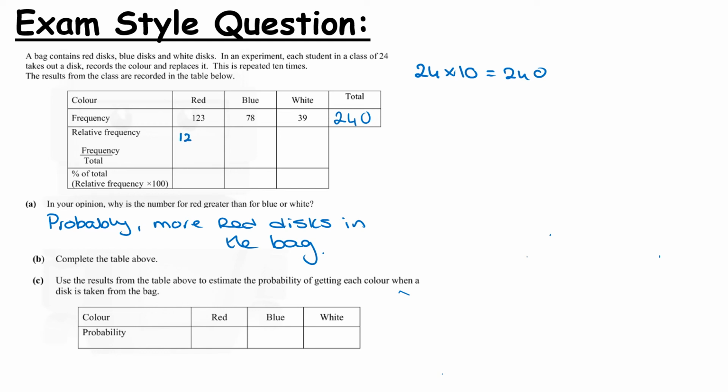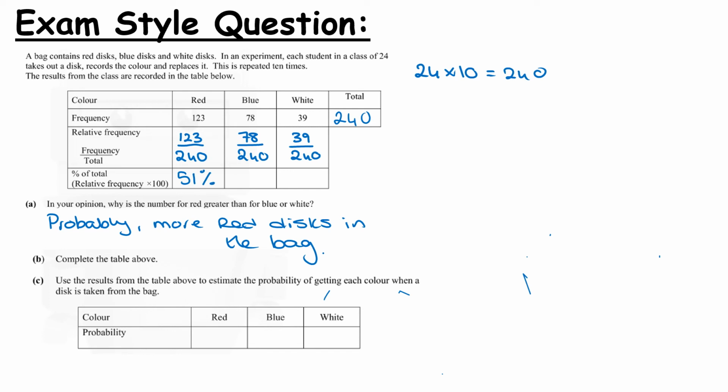So the relative frequency is the frequency over the total. So that's 123 divided by 240. This one is 78 divided by 240, and this is 39 divided by 240. So then they say the percentage. So to turn it into a percentage, we multiply it by 100, and we end up with here 51%.